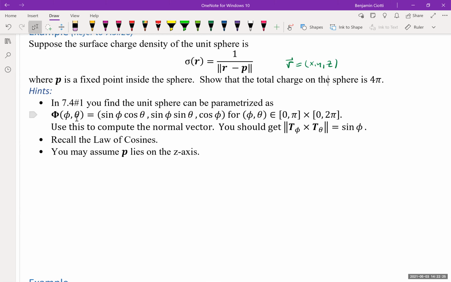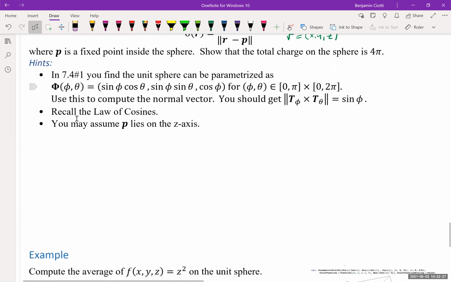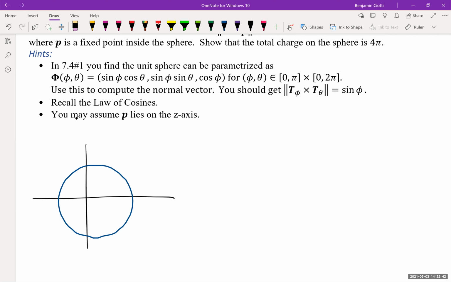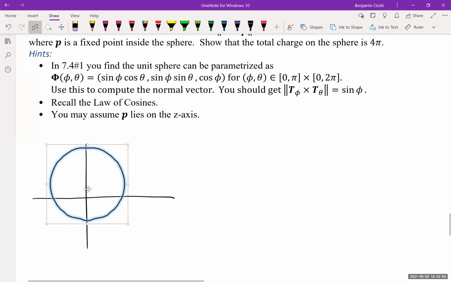Okay, so this problem, let's see, we've got a sphere and what the heck? What the heck is going on? That's weird.